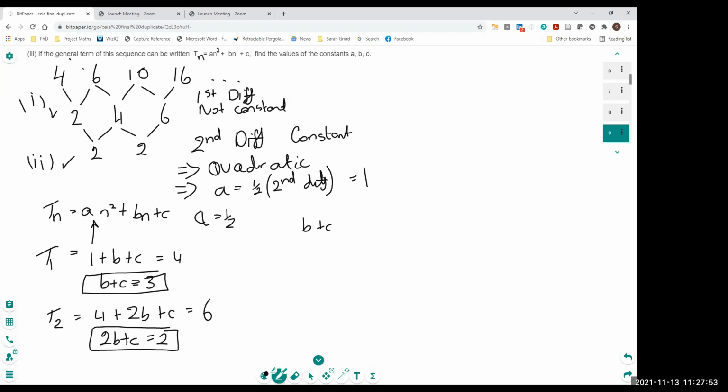B plus C is equal to 3. 2B plus C is equal to 2. Solve them, and we get B is equal to -1 and C is equal to 4. So Tn is now equal to n squared minus n plus 4.